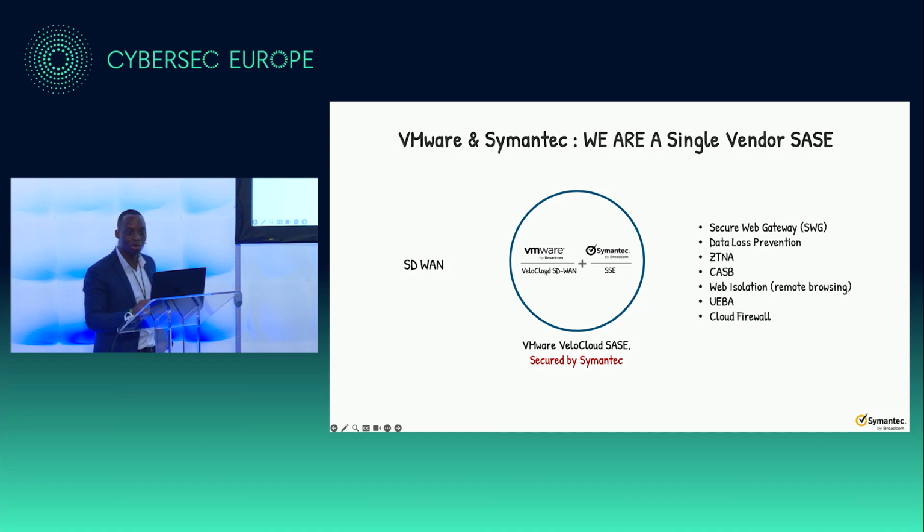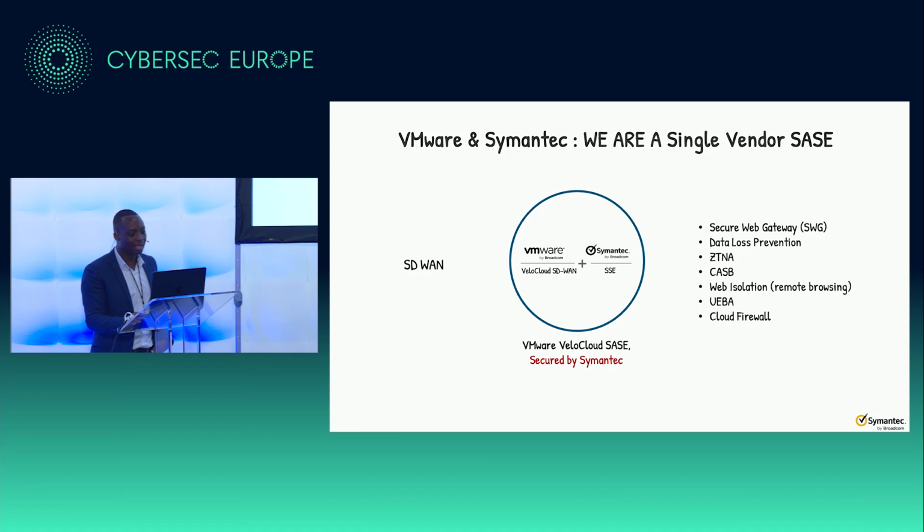So you have the VeloCloud SD-WAN to give you access to your assets through different means, and via Symantec you will have the security part. Meaning you will have the secure web gateway, the DLP, the ZTNA, the CASB, the web isolation, the UEBA, and also the cloud firewall. And the offer is called VMware VeloCloud SASE secured by Symantec.